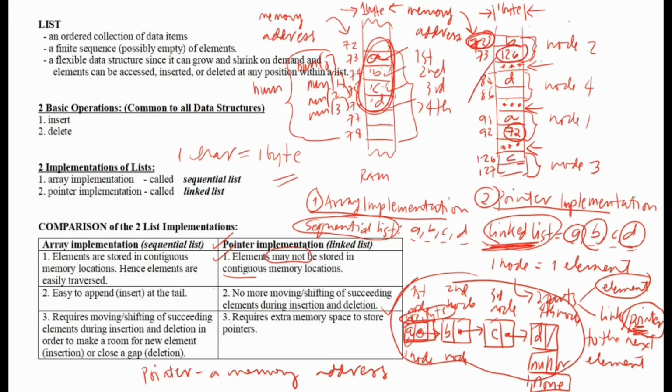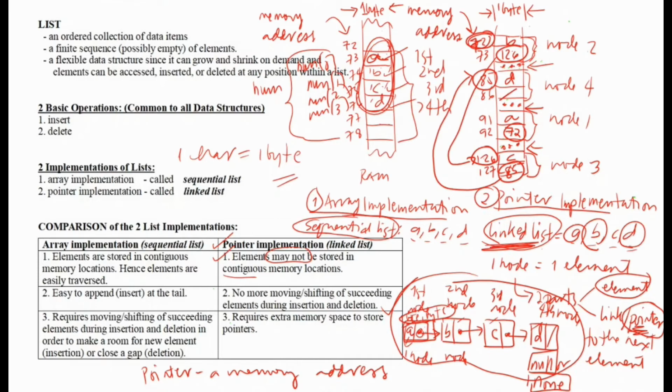126 is the memory address, which is this, of the next element C. And so the value in here is the memory address of D, which is 85. So this is 85. 85 is the memory address of the next element after C, which is D. And in here, we have null.